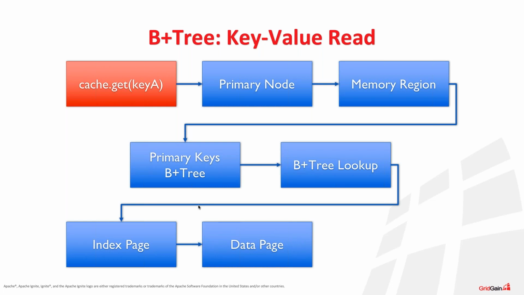In addition to the reference to the whole data page, it will contain an offset to the key value record inside of the data page. And right after that, the virtual memory will pick the data page and grab a specific value using offsets stored in the index page. And your application will get the whole value back.